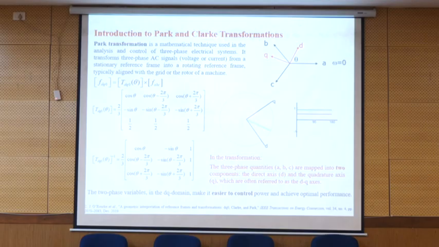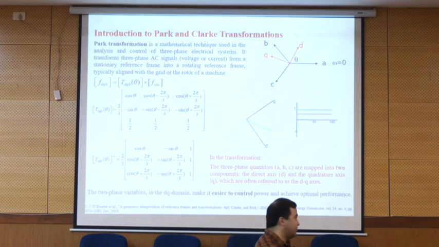So assuming that you have a system with harmonics, and you change it from ABC to DQ, the fundamental frequency becomes a DC value, and the harmonic frequency will be something else. So by use of a filter, you can separate the fundamental frequency from the harmonics more easily, and then you can make the compensation in the control.